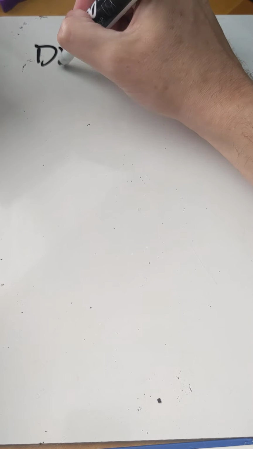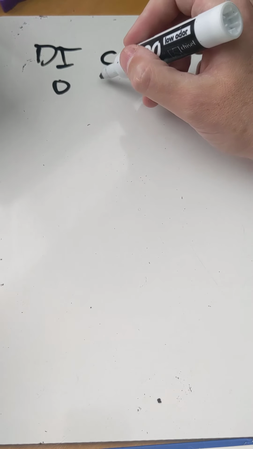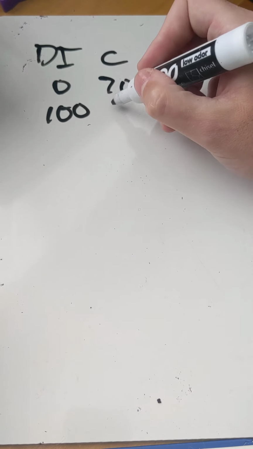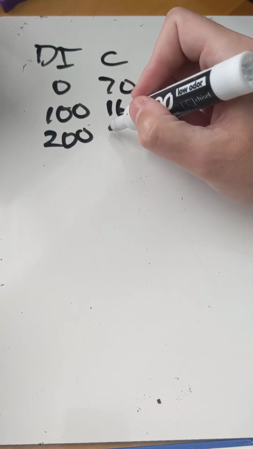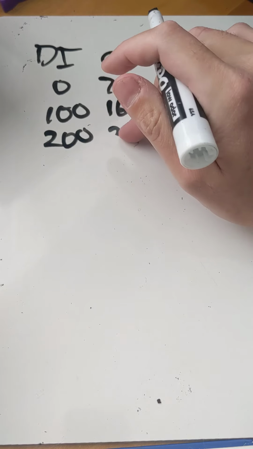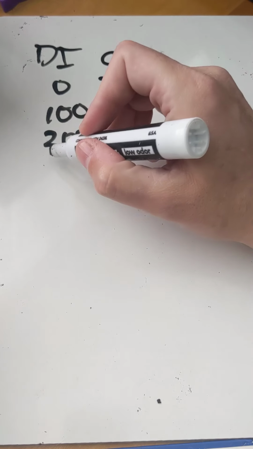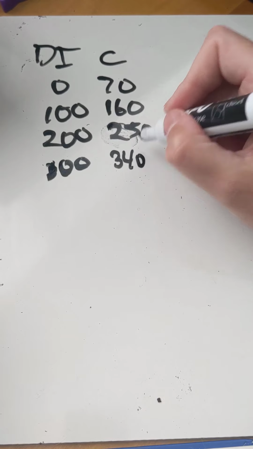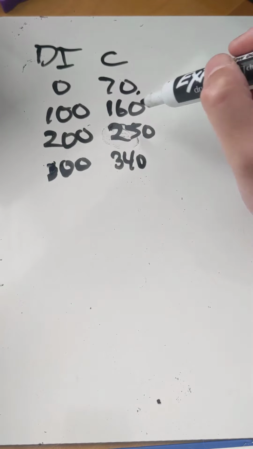So when we look at this, we'll use different numbers. 0, we'll call it 70, 100, and then 160, and so on and so forth. 250. All right. The important thing to remember is that the behavior pattern, the amount that spending increases whenever you increase income, is constant.